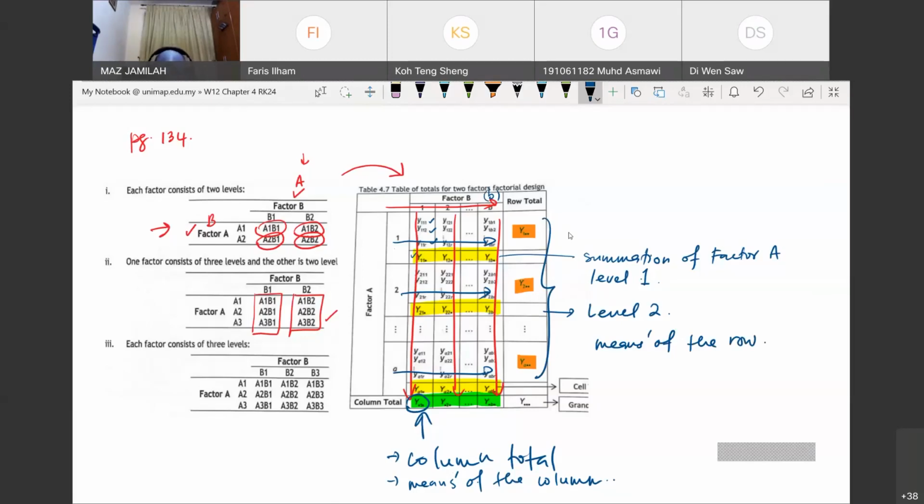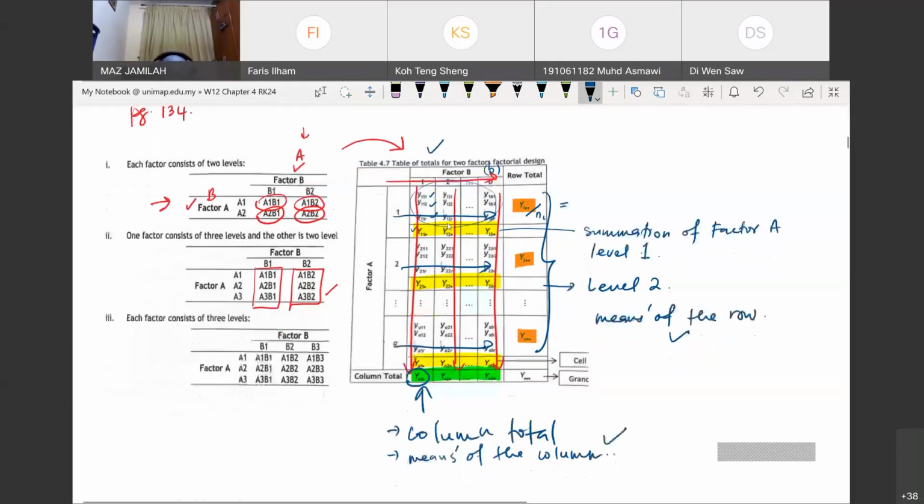Here you take the summation of all the values inside the first row, and you divide by the number of samples inside the first level, that is level 1. So you will get the row mean of the first level. That is basically how you find your table of totals, and from your table of totals you can have your table of means. We will see later.